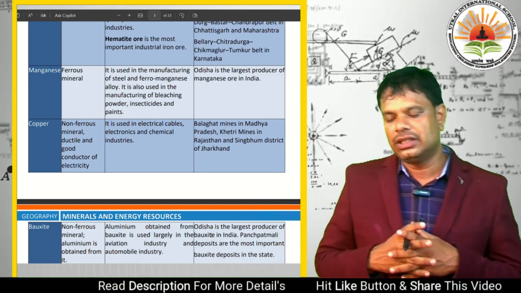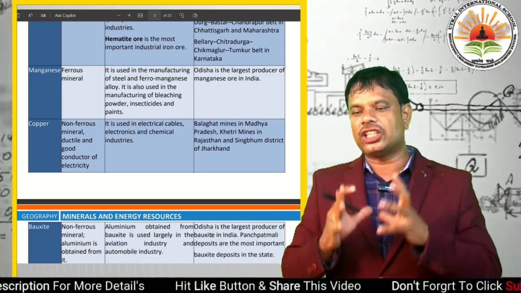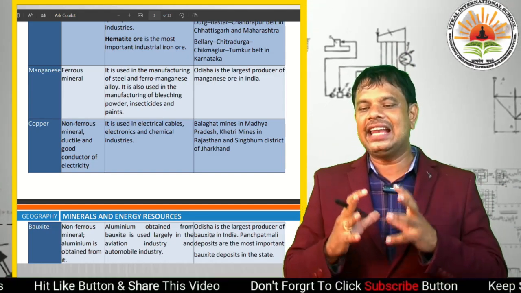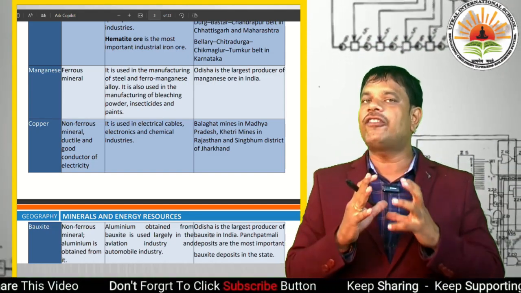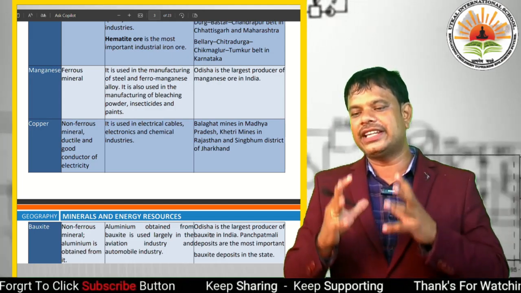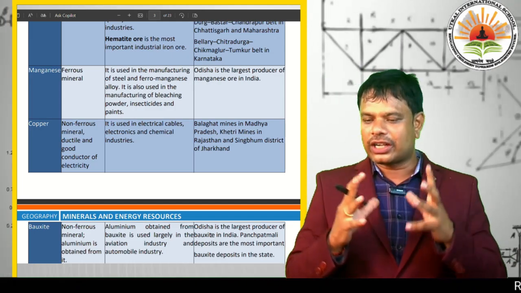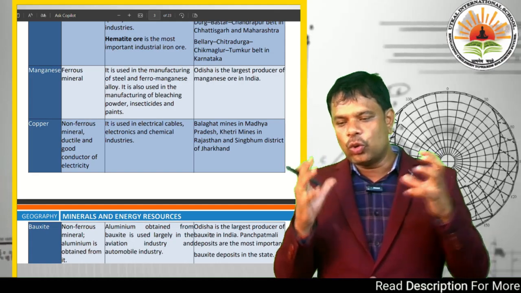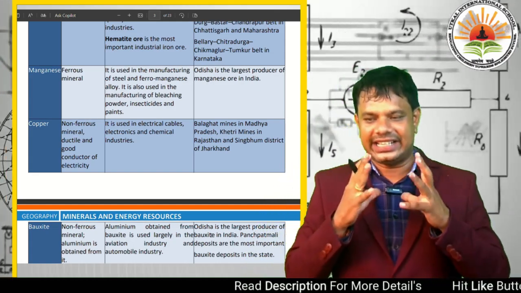And dear students, another main ore is copper. Dear students, it is a non-ferrous mineral, ductile and a good conductor of electricity. Copper is a non-ferrous mineral, ductile means soft, and a good conductor of electricity.